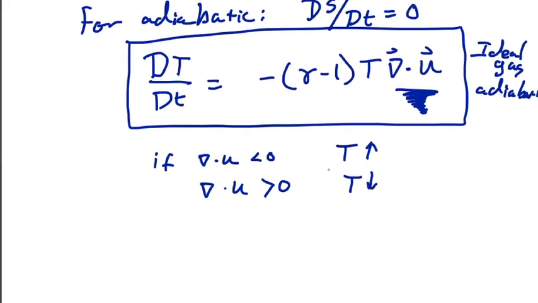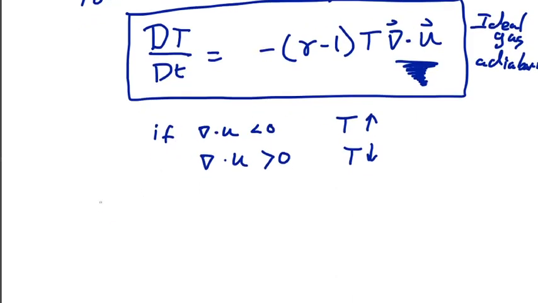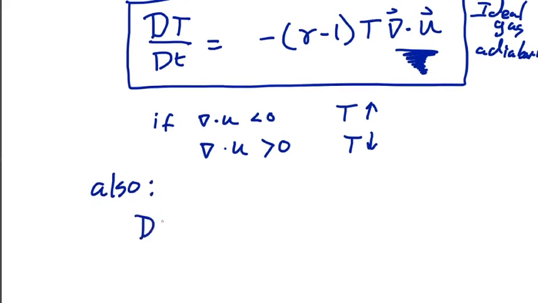Now, for an ideal gas, under adiabatic conditions, we can rewrite our temperature equation as a pressure equation instead. So we can do a transformation of variables to pressure. So sometimes you'll also see that as dP dt equals minus gamma, just one gamma, times P div u.